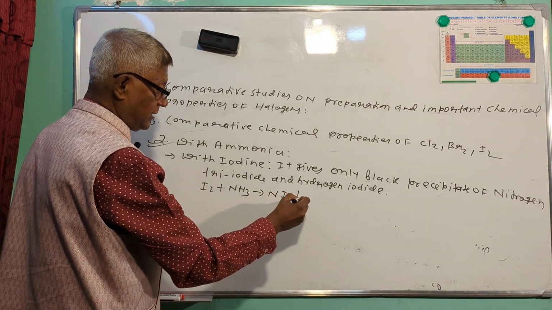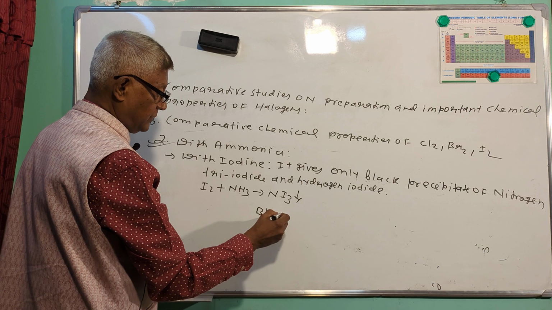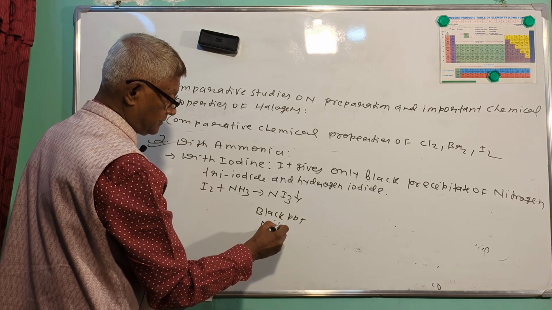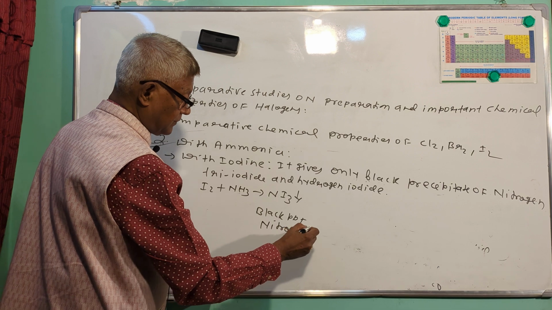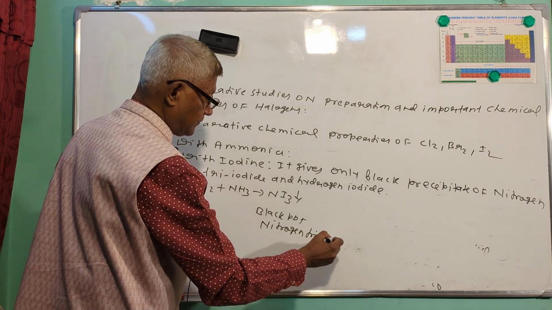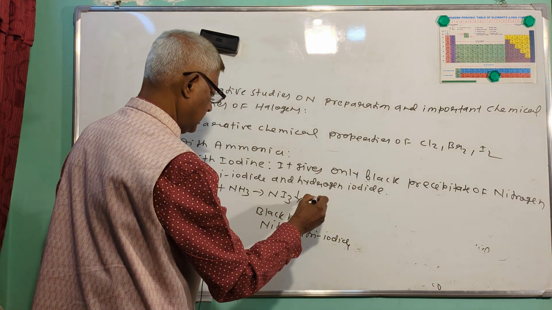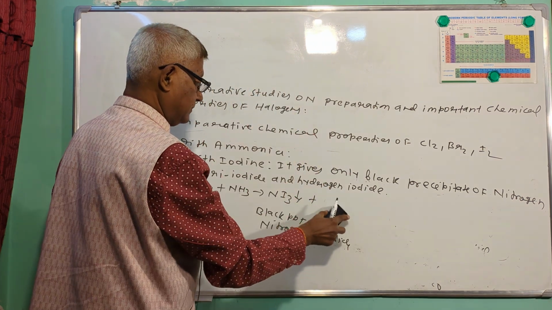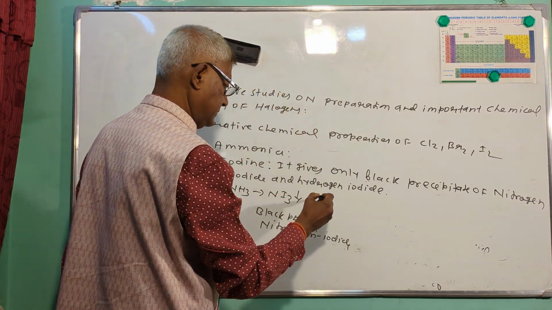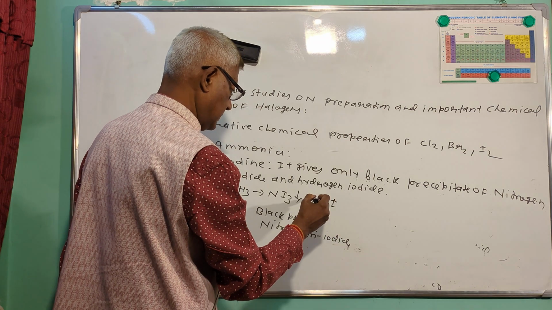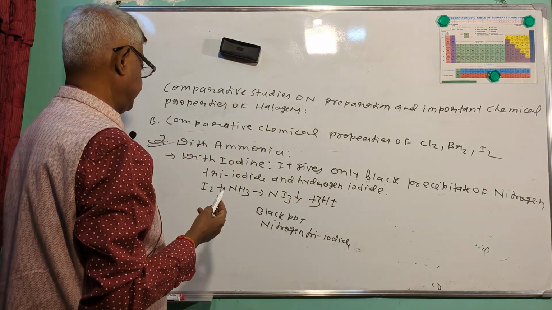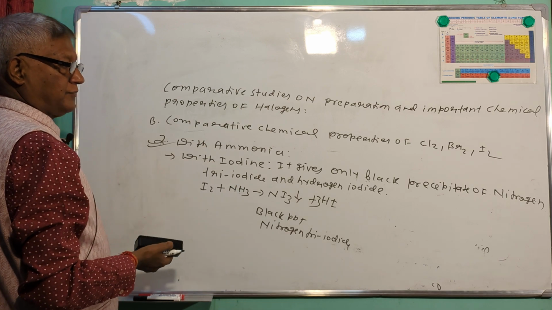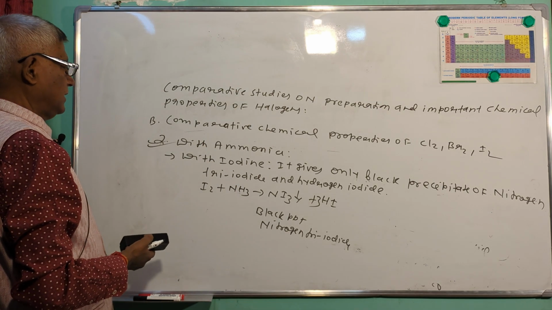Nitrogen triiodide, black ppt, nitrogen triiodide plus hydrogen iodide, 3HI. So the second one is the comparative chemical properties of chlorine, bromine and iodine.